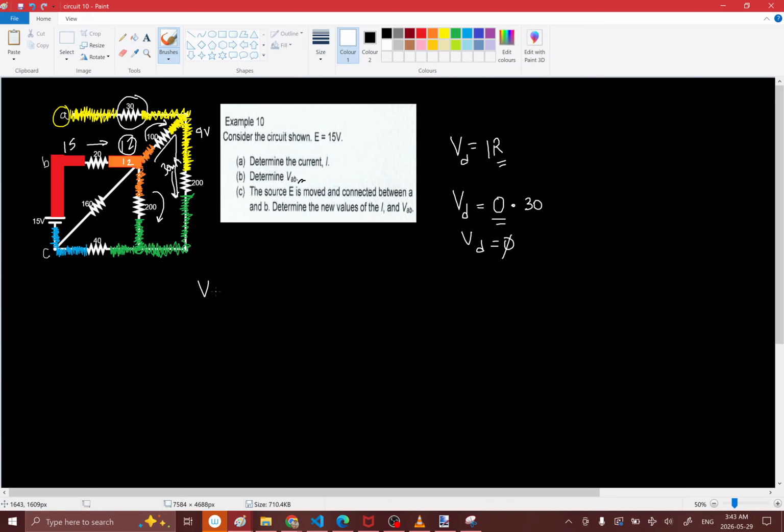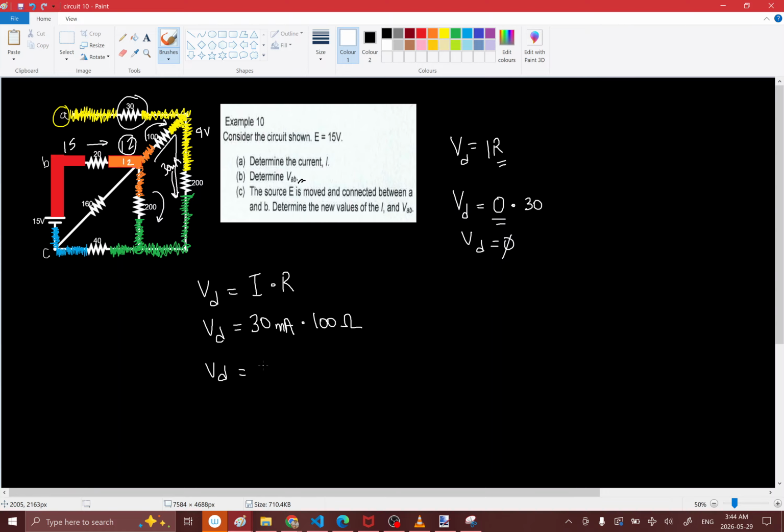So the voltage drop across a resistor is equal to the current moving through the resistor multiplied by the resistance of that resistor. So the voltage drop in this case is going to be equal to 30 milliamps multiplied by 100 ohms. So VD is going to equal, well, that's going to be quite small.